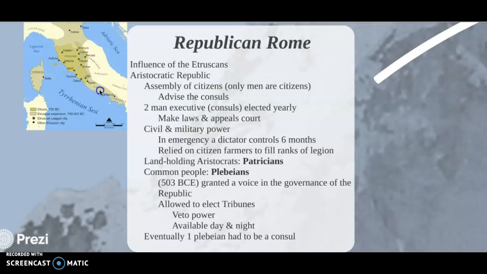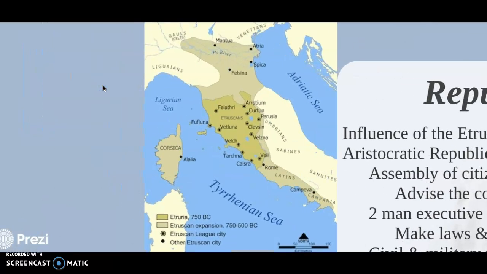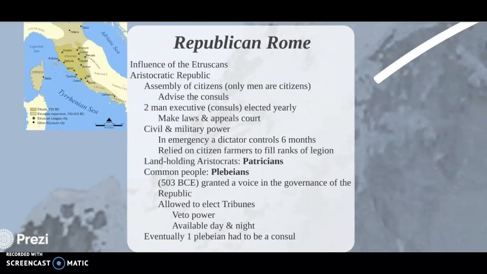And as you can see in this map here, this is what pre-Roman autonomy looked like. The Etruscans are basically over the people of northern Italy, all the way down this west coast here. And there's Rome as one of the cities under Etruscan power.